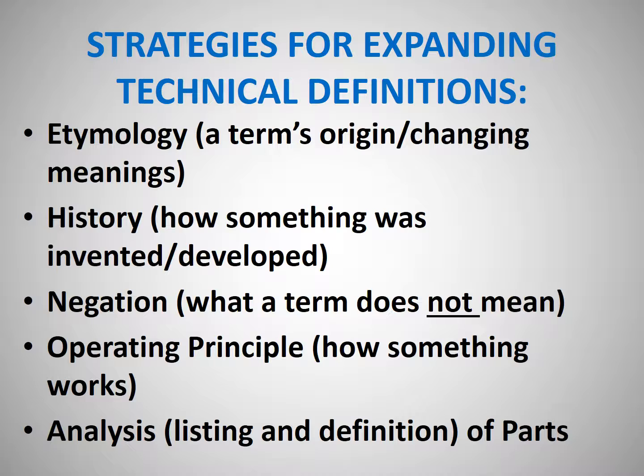Or if you believe that there's a lack of understanding out there or misunderstanding of the concept or the term you're defining, this could be especially powerful because you want to clear things up right at the beginning by saying what this is not. Then you can go on and say what it is. So that's an especially powerful strategy for more controversial or misunderstood concepts.